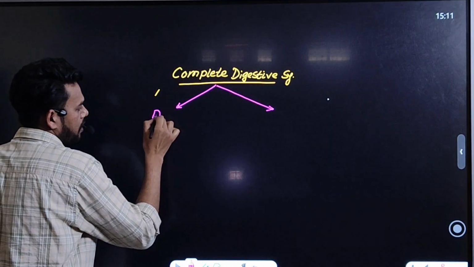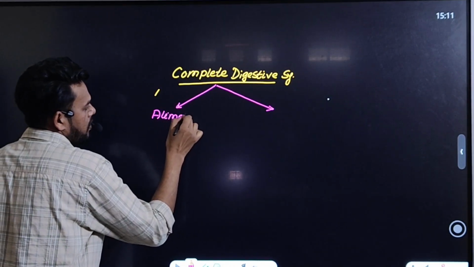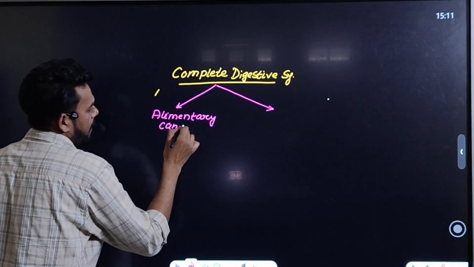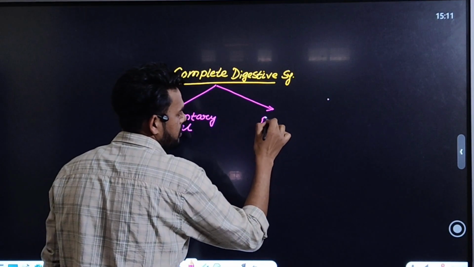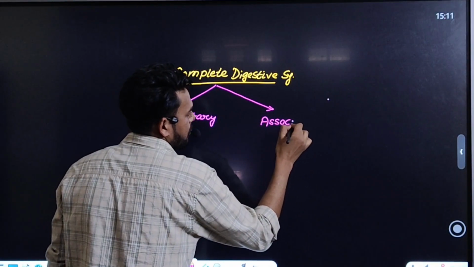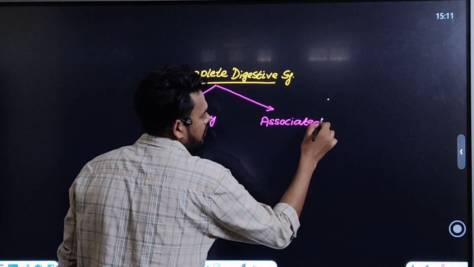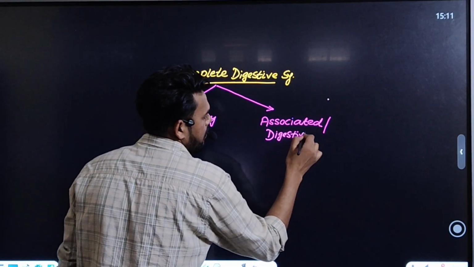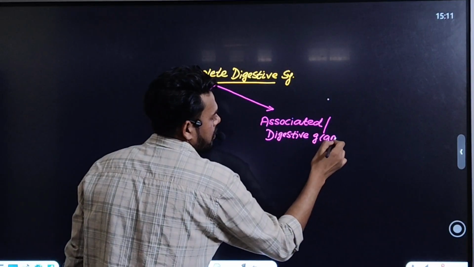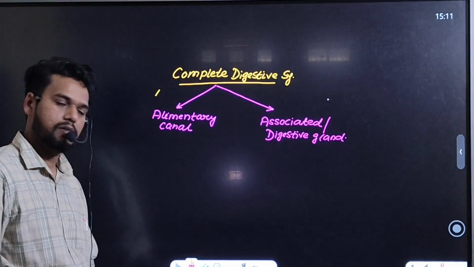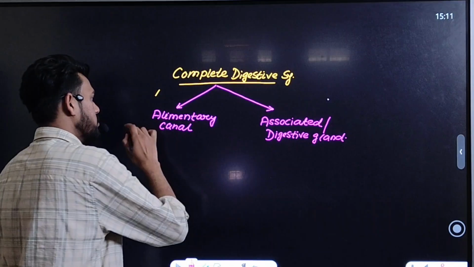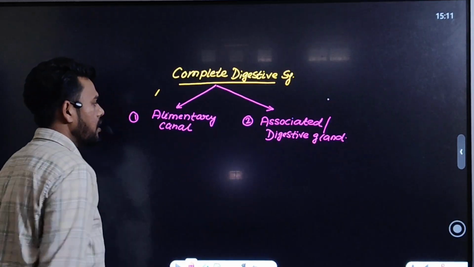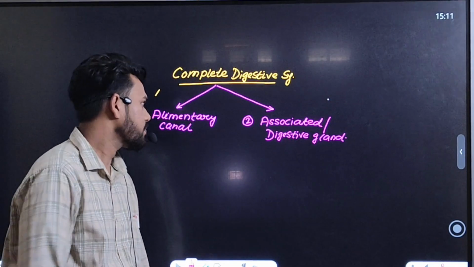First one is called the alimentary canal, and the second one is the associated glands, also called digestive glands. Almost all chordates have a digestive system consisting of these two basic parts: alimentary canal and associated glands.